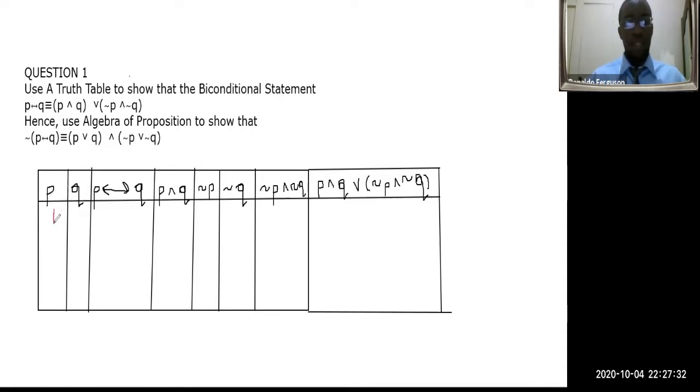P. P is going to be true, true, then false, false. Then the next thing we need is Q. Q is going to be true, false, true, false.